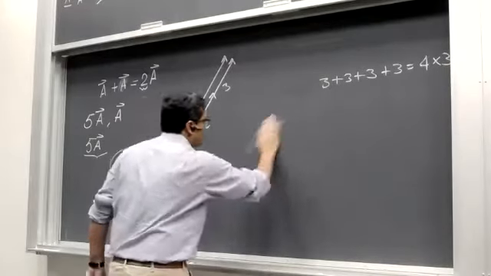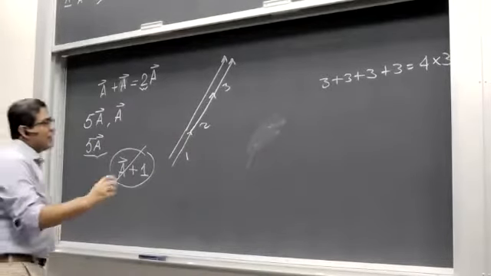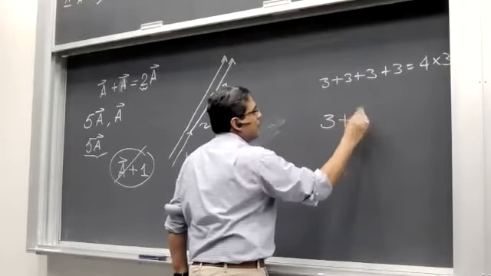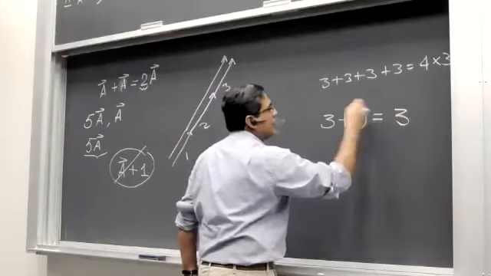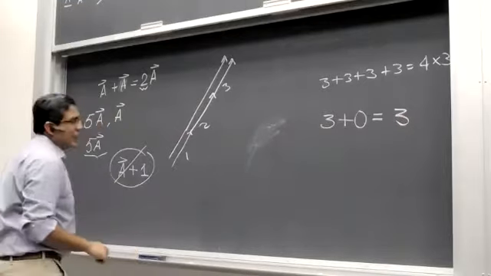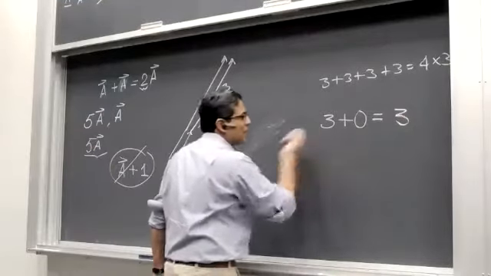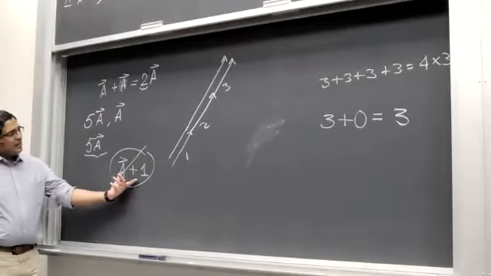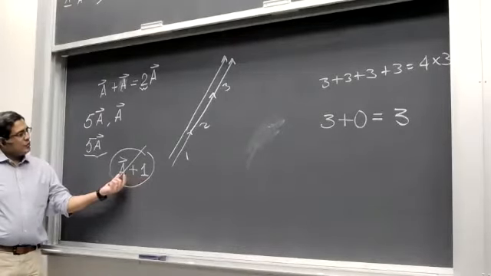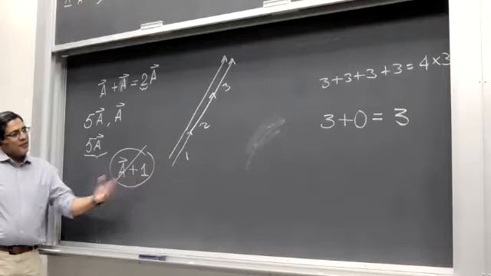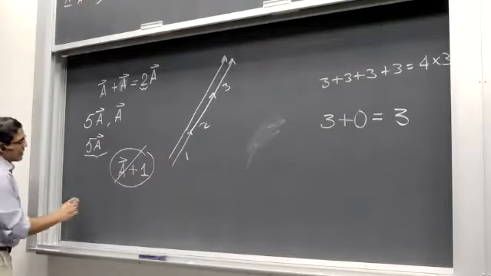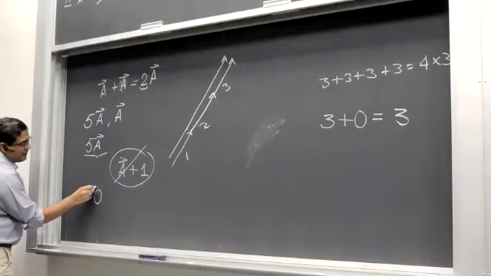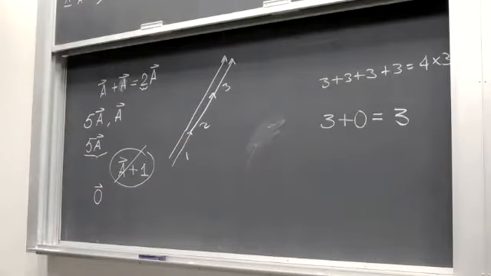But sorry, before I do that, let me introduce the concept of zero. For example, in normal arithmetic, we have 3 plus 0 equals 3. So there must be something equivalent in vector algebra as well. But as we just learned, we can't add a scalar to a vector. So what we need to do is come up with a null vector, denoted by 0 with an arrow.